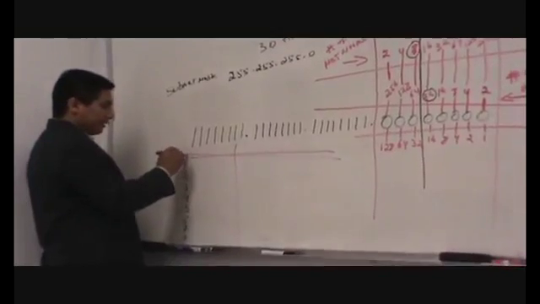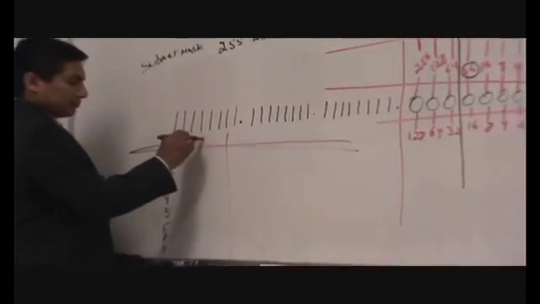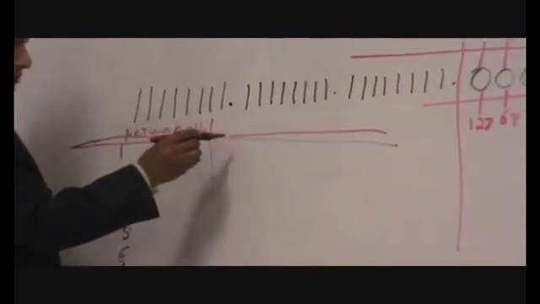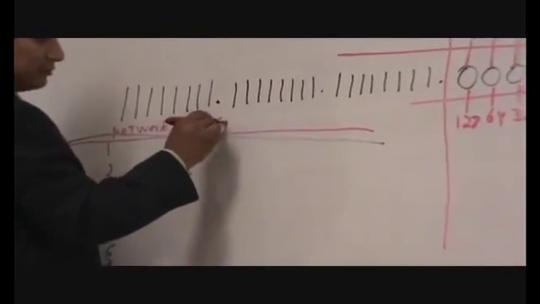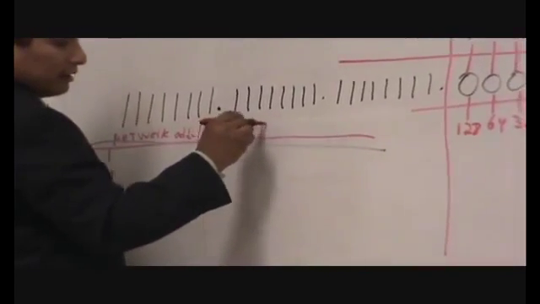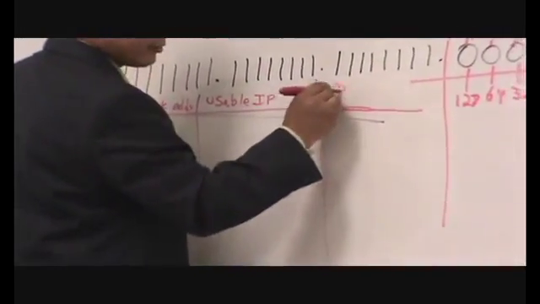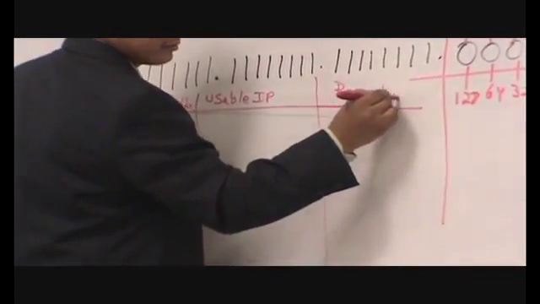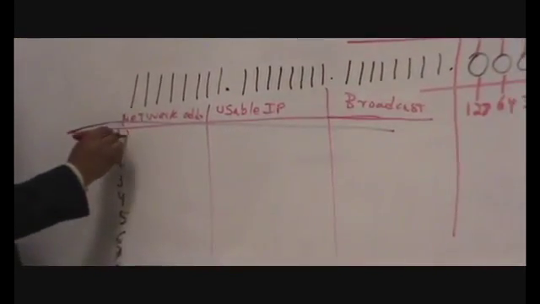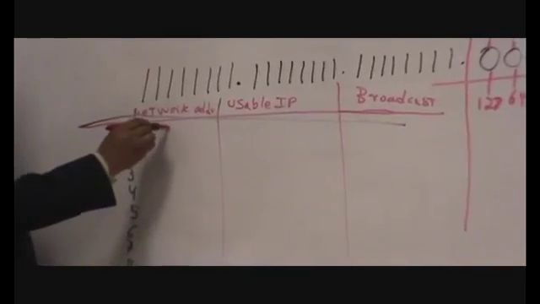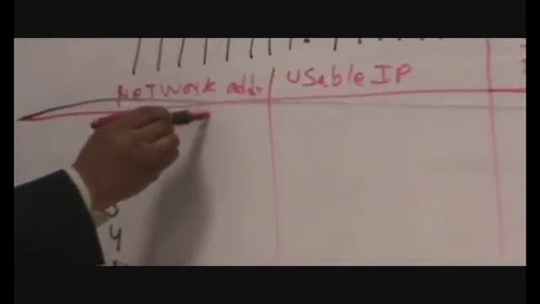We're going to have a network address. We're going to have the usable IP addresses, and we're going to have our broadcast here. And we start counting. My first network is going to be 210.100.56.0. That's where we're going to start.